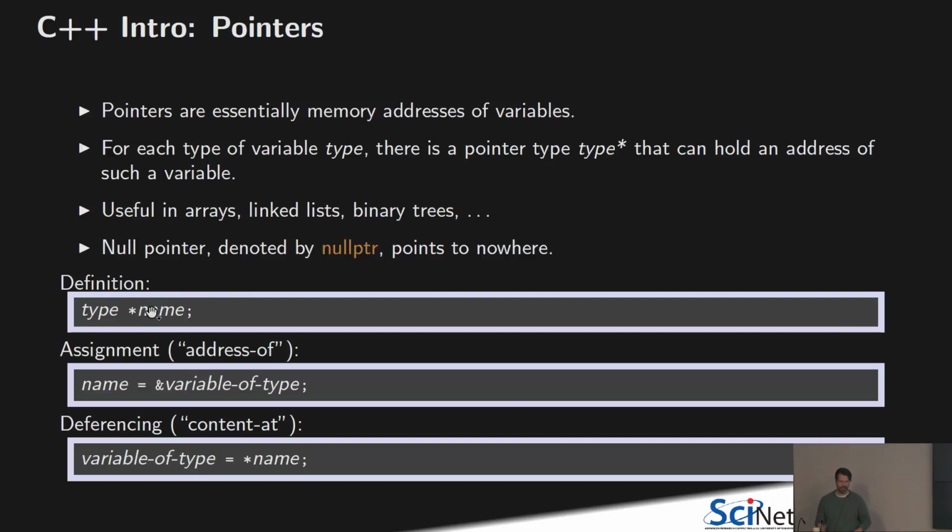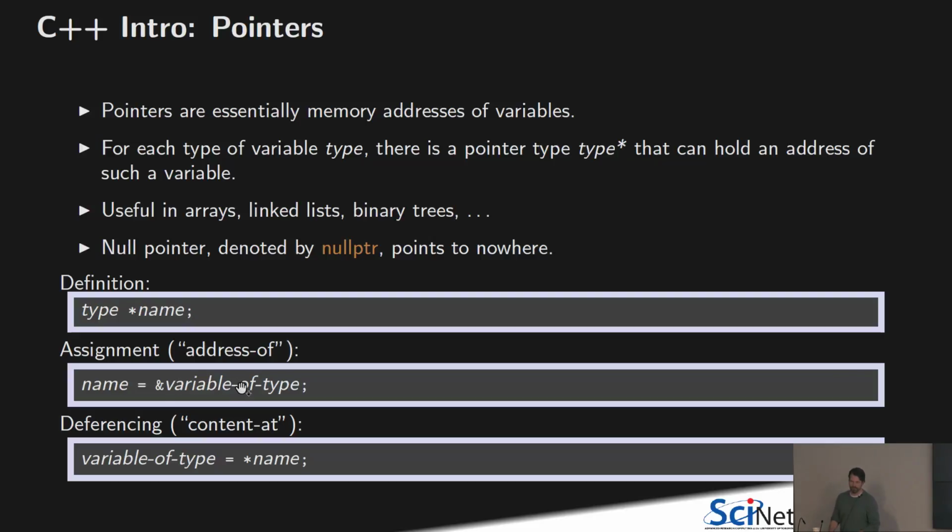Other than the star, the notation of a variable is the same. So you type star name. Now, name is not a variable of the type, but is an address of a variable of the type. If you want to find the address of a variable, again, you use the ampersand. That's the address-of operator.